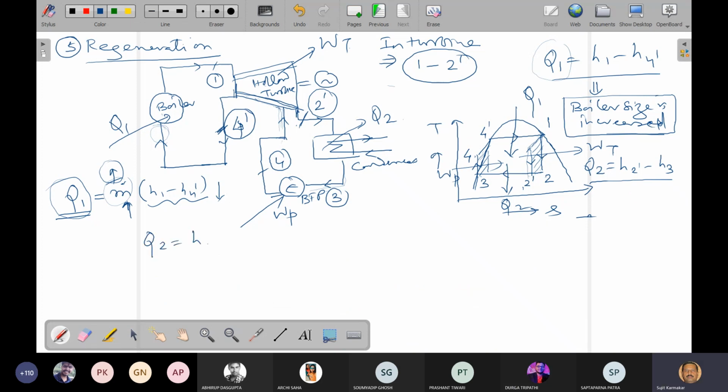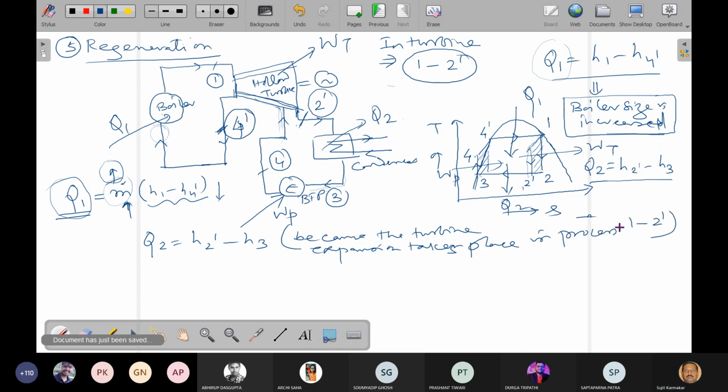Q2 is equal to H2 dash minus H3, because the turbine expansion takes place in process 1 to 2 dash, not 1 to 2.